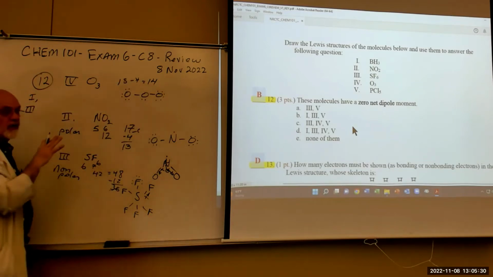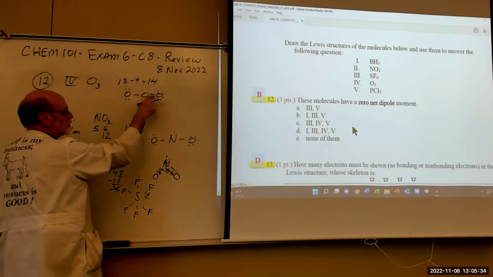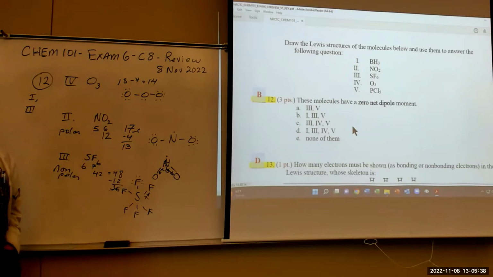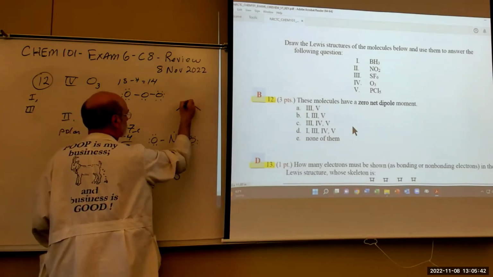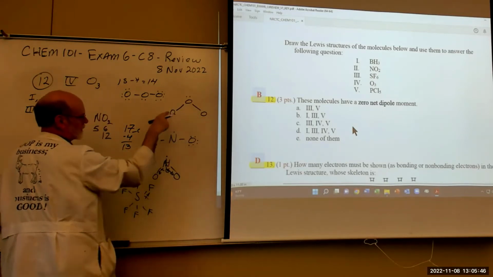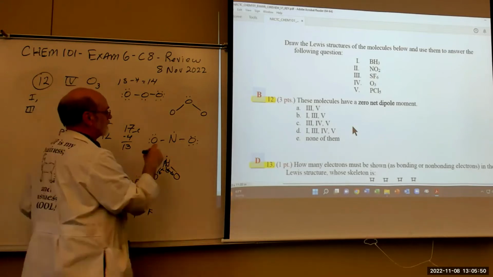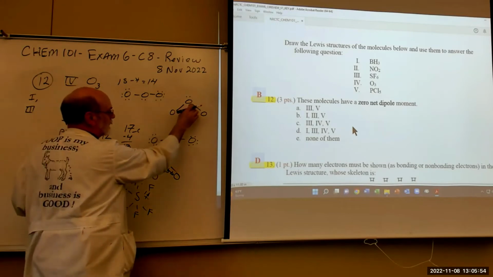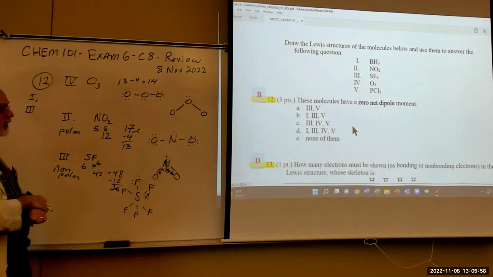Okay. We used up all our electrons. This is 1, 2, 3 groups around the central atom, means trigonal planar. So it's going to be like this, right, with the electrons around those oxygens. And these bonds would be nonpolar, correct? Right, those bonds are nonpolar.